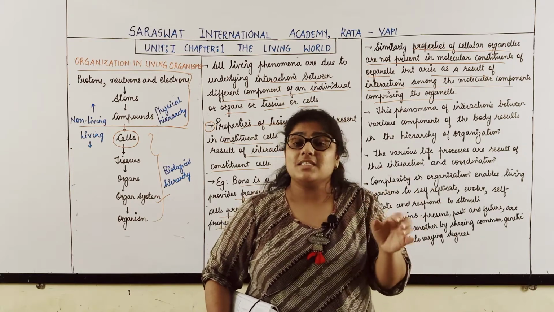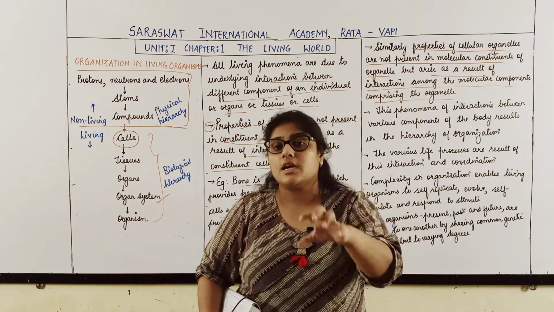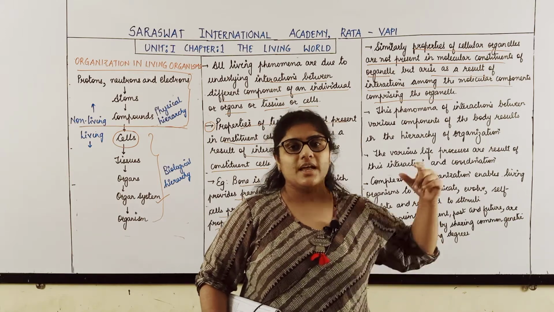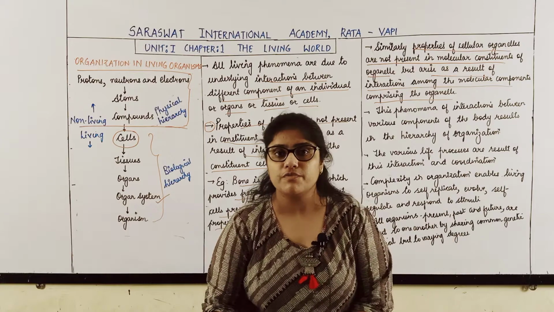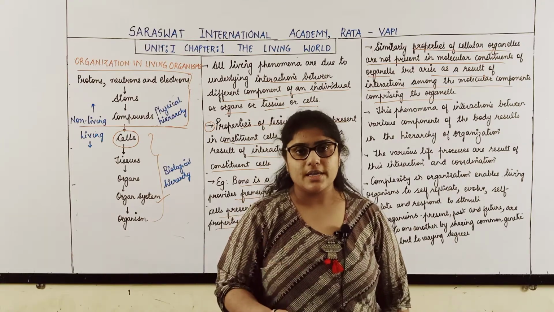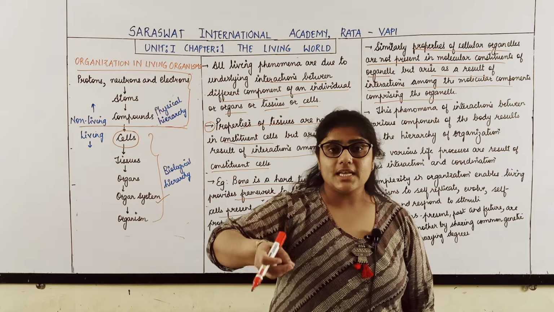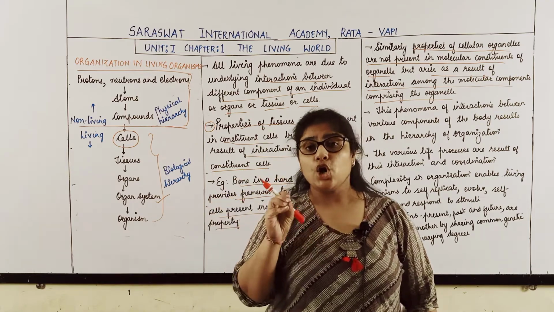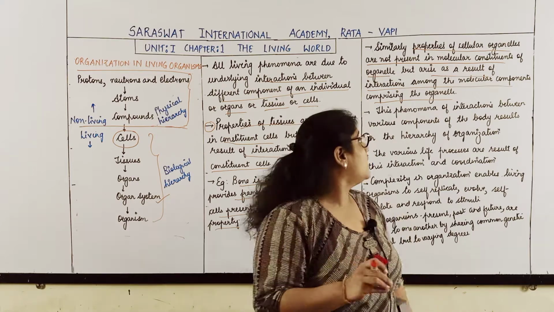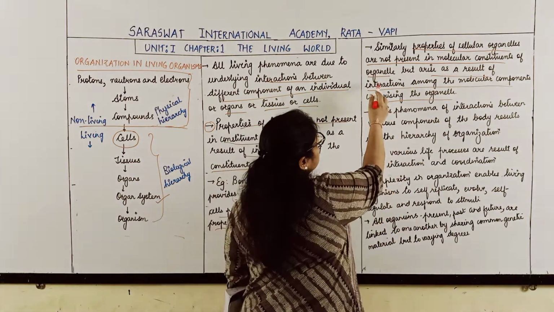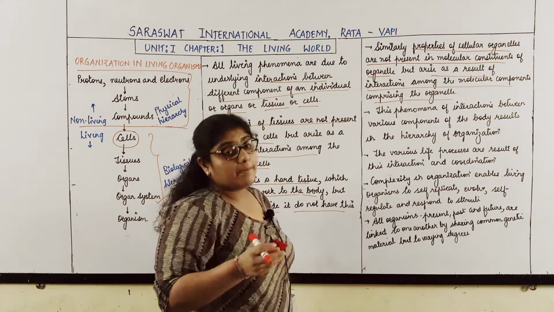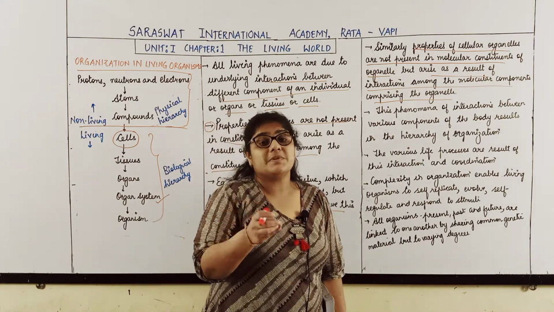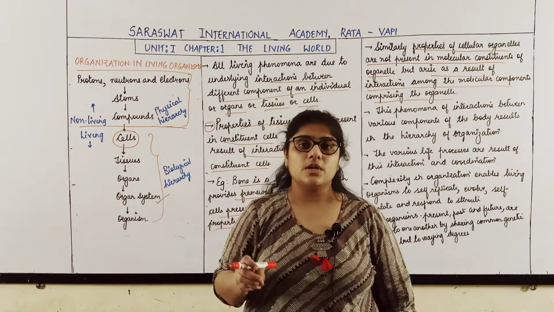But it is all these molecular components which interact with each other and bring about the functioning of the particular organelle, right? So basically, the properties of the organelle are not due to the molecular constituents of the organelle, but arise as the result of interactions between these molecular components.